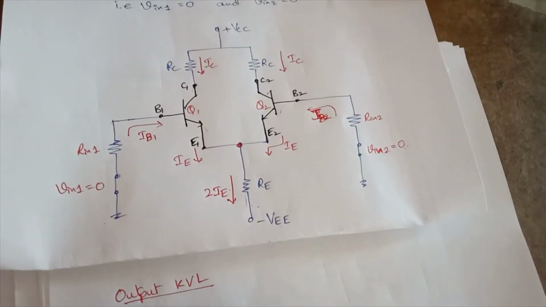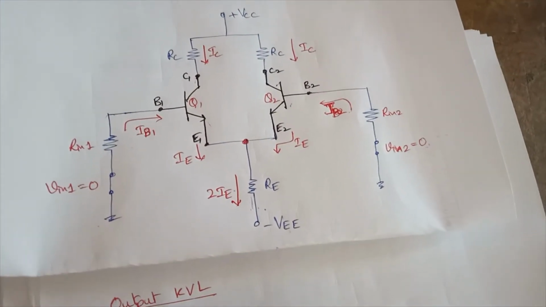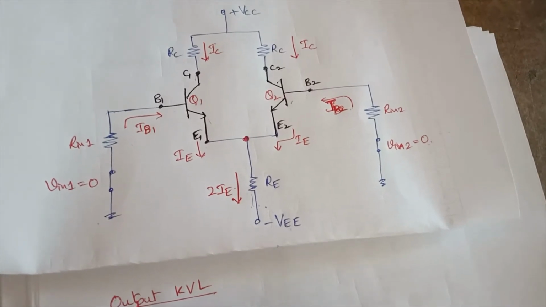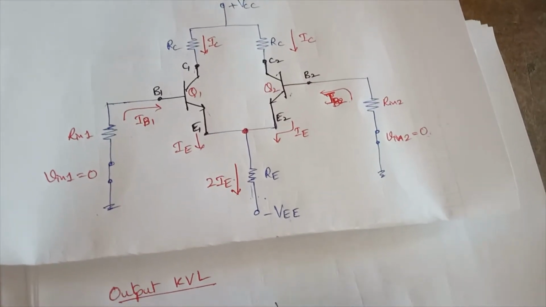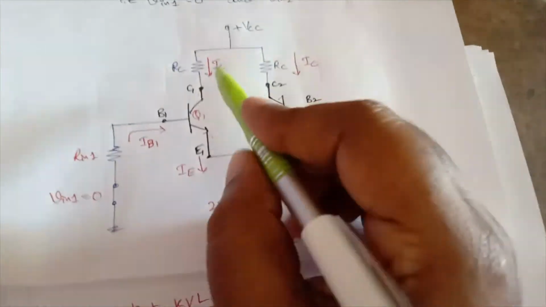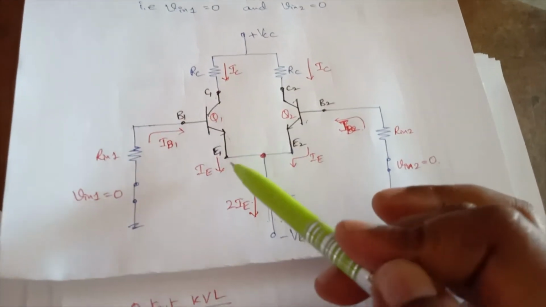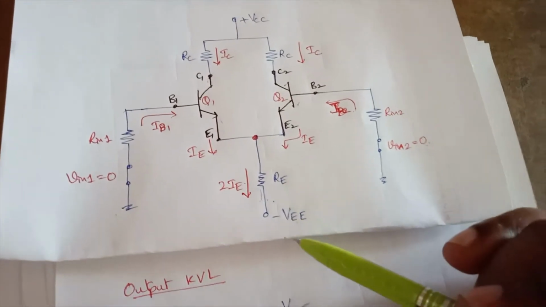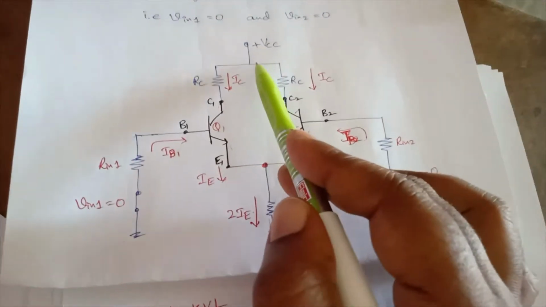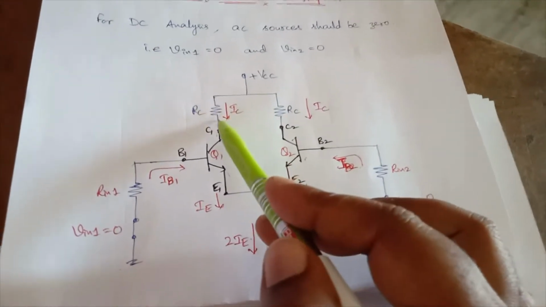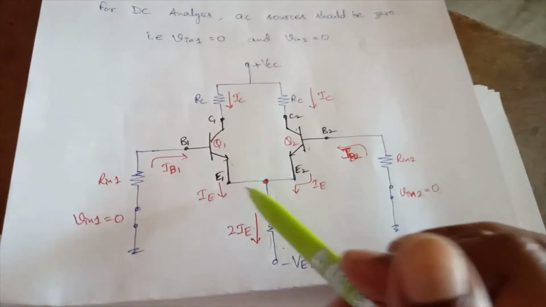So VCC is equal to ICRC plus VCEQ. Here, instead of VCC minus ICRC minus VCE minus VERE minus of minus VEE, I am taking VCC is equal to, so all this becomes plus sign now.